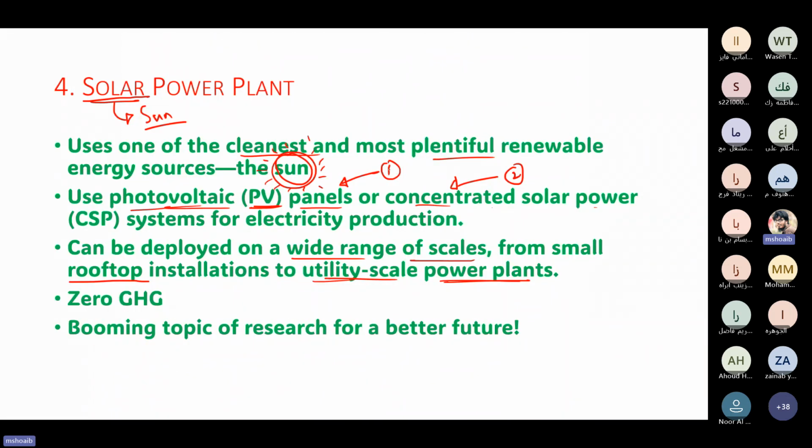But the solar power plant is very easy to use. You can use it in any scale. You can just buy a solar panel and put it on your rooftop or anywhere, in your home, in your office, exposed to the sun of course, and take advantage from it. And it has zero greenhouse gas emission, and that's why this is the booming topic of research in the current world for a better future.